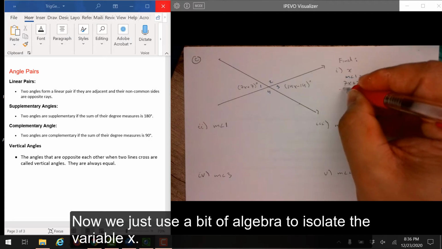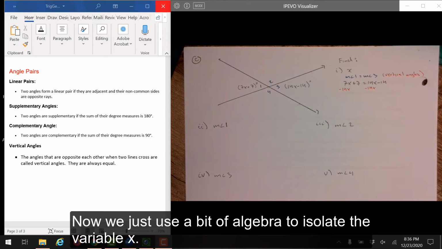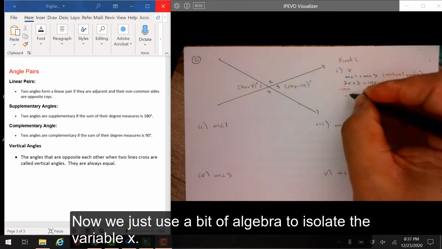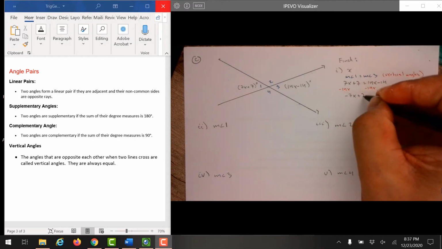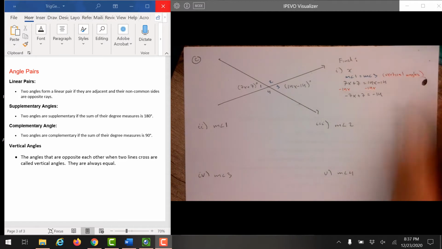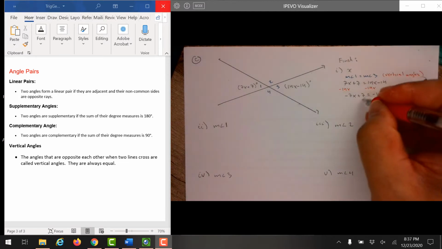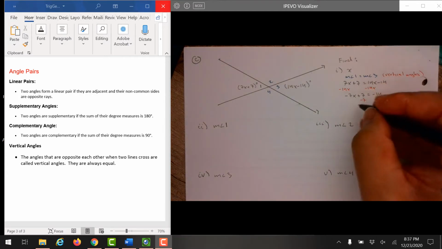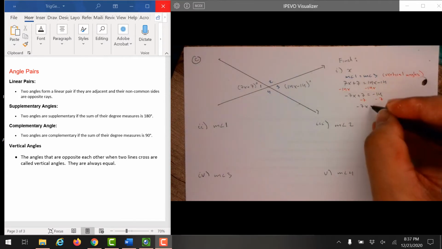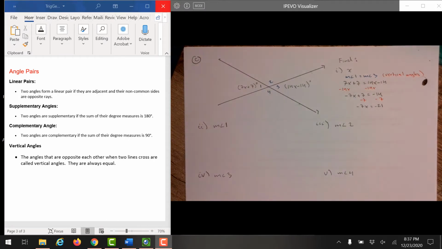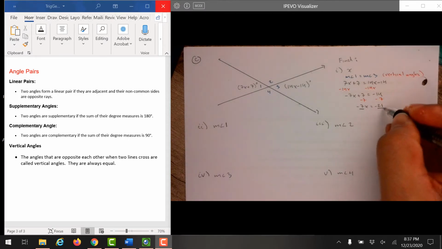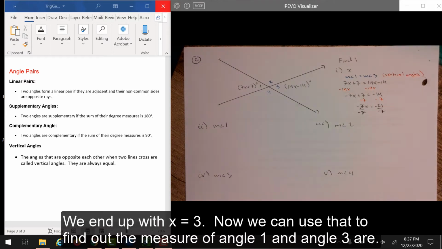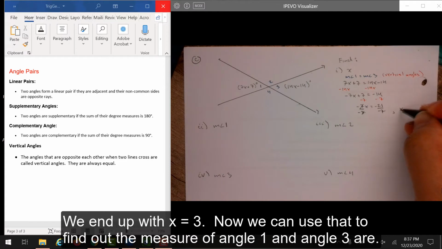Now we just use a bit of algebra to isolate the variable x. We end up with x equals 3.